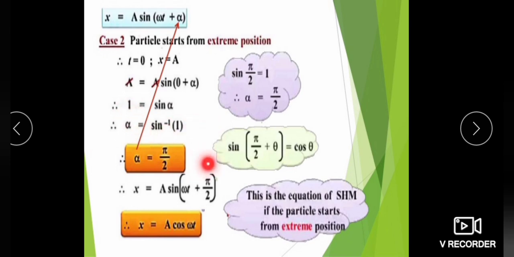It is pi by 2, and hence we can write x is equal to a sin of omega t plus pi by 2, and we know that sin of omega t plus pi by 2 is cos omega t. This is the expression for the displacement of linear SHM when the particle starts from the extreme position, and angle alpha is equal to pi by 2 when SHM starts in the extreme position.